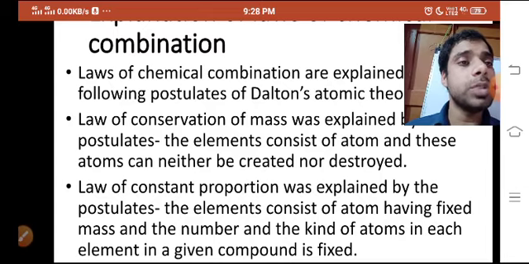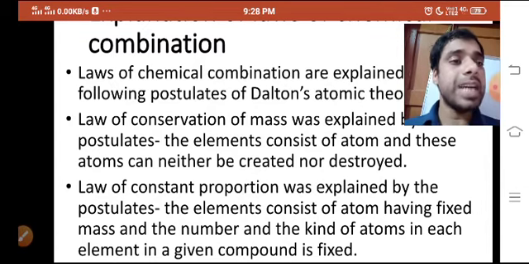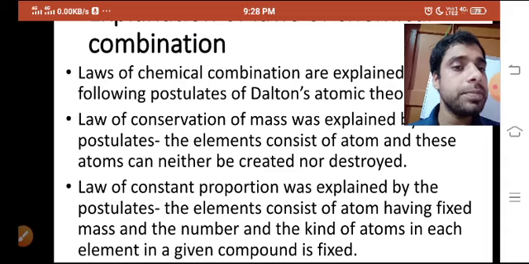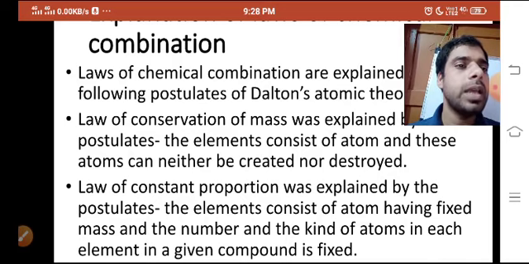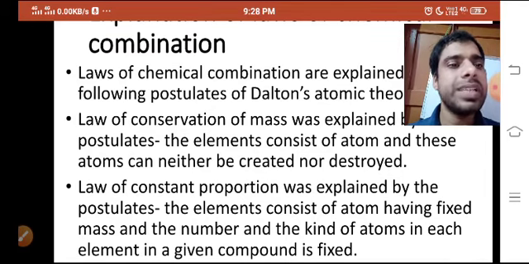The kind of atoms here is hydrogen and oxygen in water, and the masses are 1:8 every time, as we have discussed. So for making that compound, the number of atoms and the mass will be fixed every time.